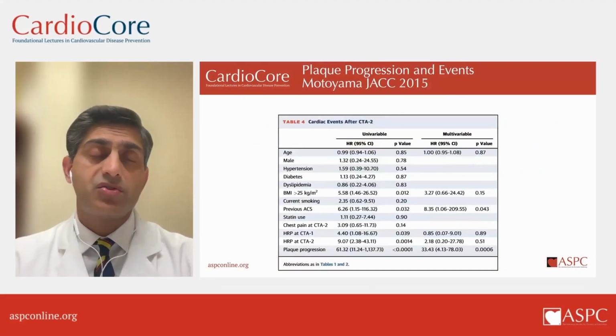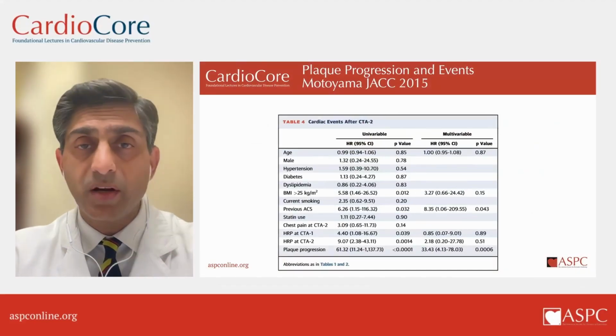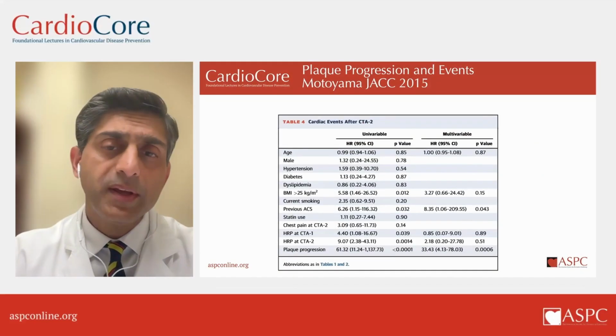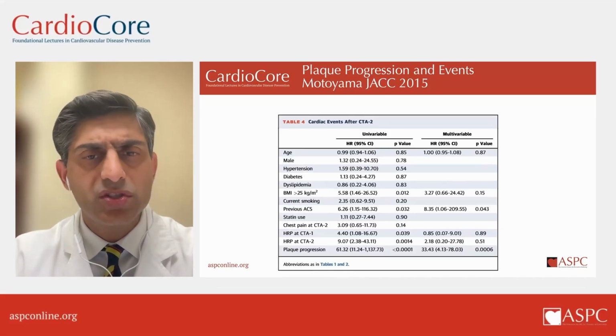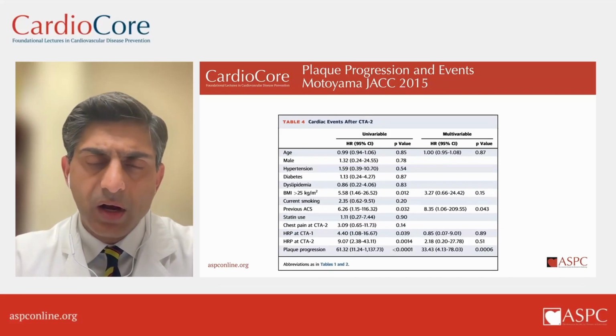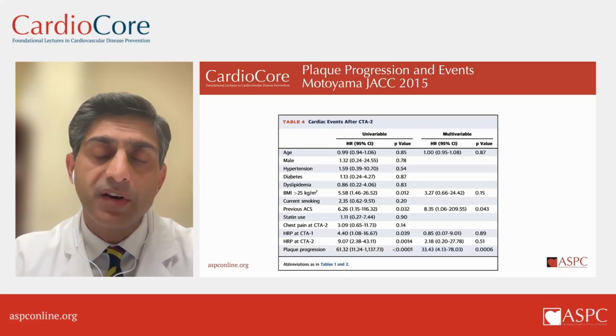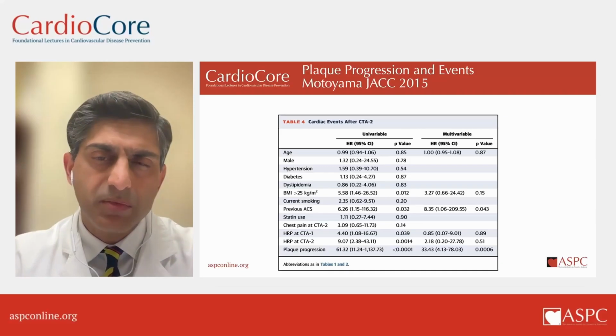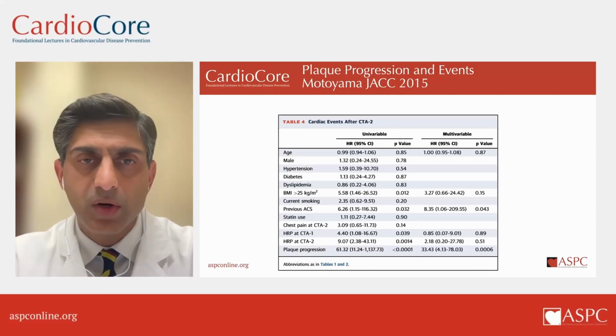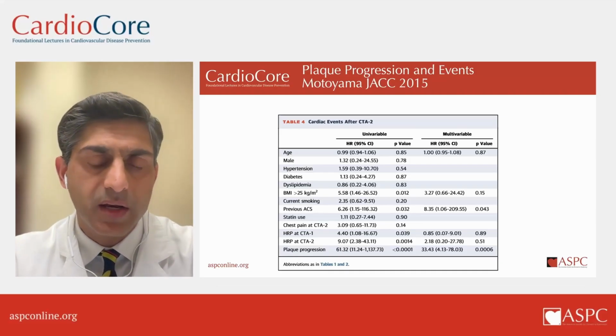This was a very interesting study done by Motoyama in 2015, albeit small, but it further highlights the fact that when we do CTAs, there are high-risk plaque features which are very, very important. I'll be showing you in the next few slides some of those plaque features, like low attenuation or a napkin ring sign.